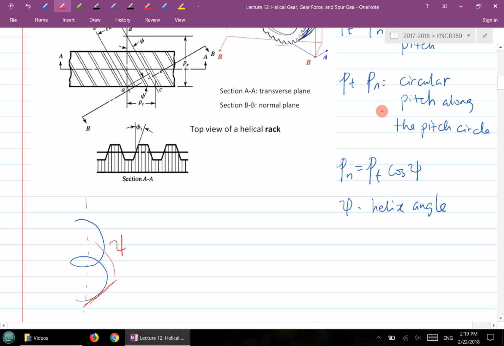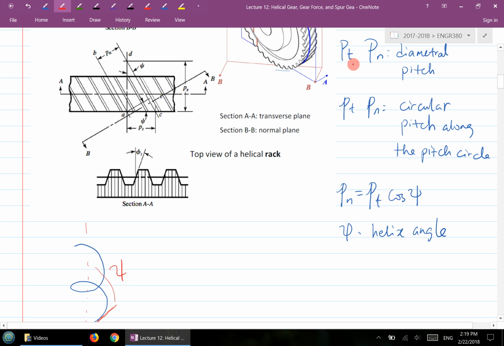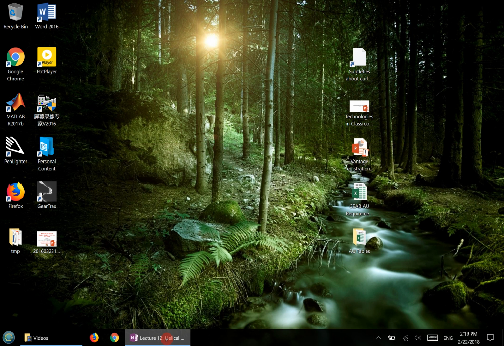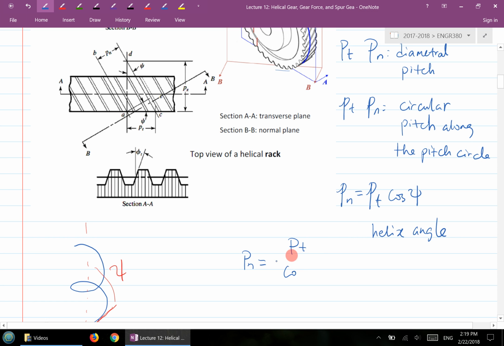And the same way, you have a relationship between the diametral pitch in the two planes, which is Pn equal to capital Pt over cosine phi. This is the connection for these two sets of parameters.